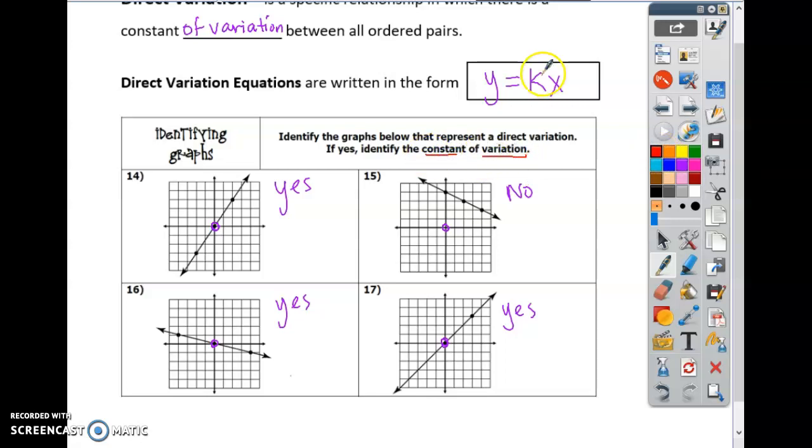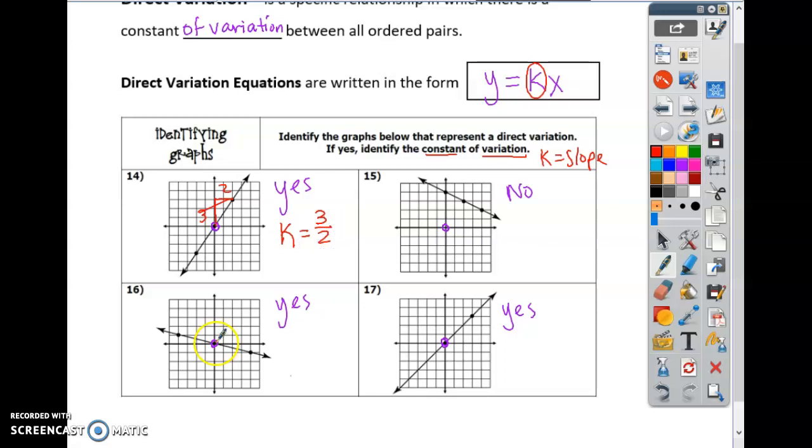Constant of variation is that k, which is really a slope. K is the slope, right? How much is it changing by? So this one is going up 3 over 2. So my k, my constant of variation for this one is 3 over 2.